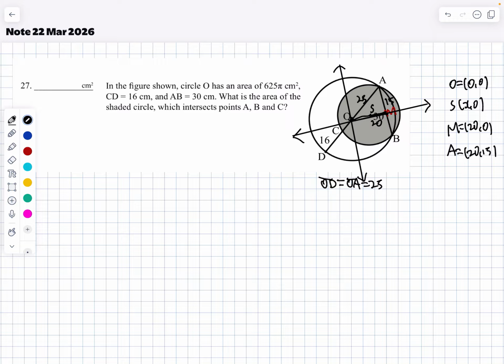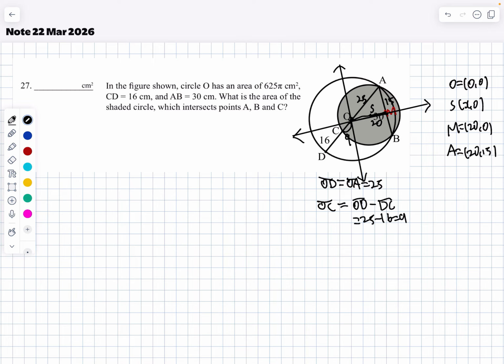Now let's see OC and OD. We know OC is 9 because OD is 25 and DC is 16. So OC is OD minus DC, which is 25 minus 16, that's 9.